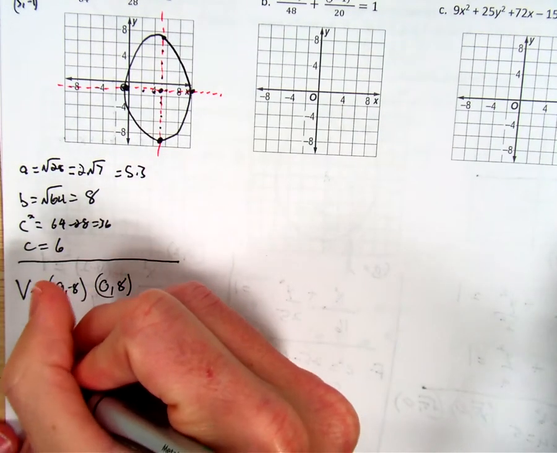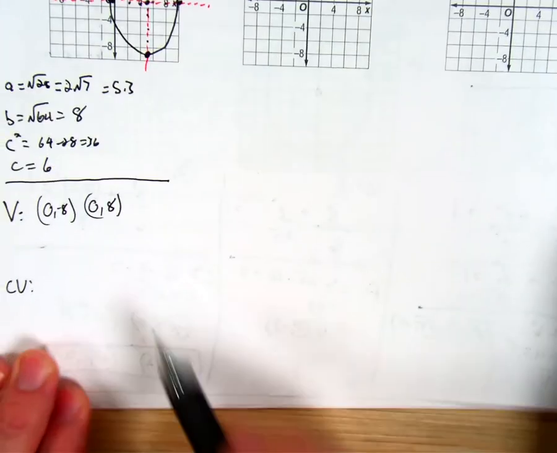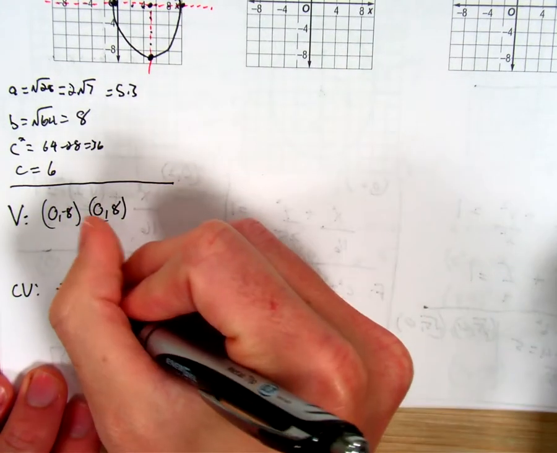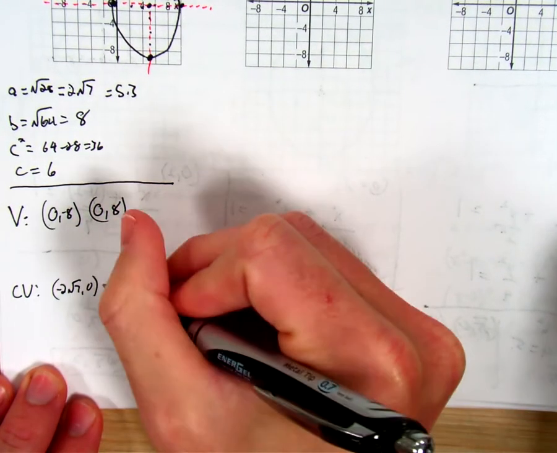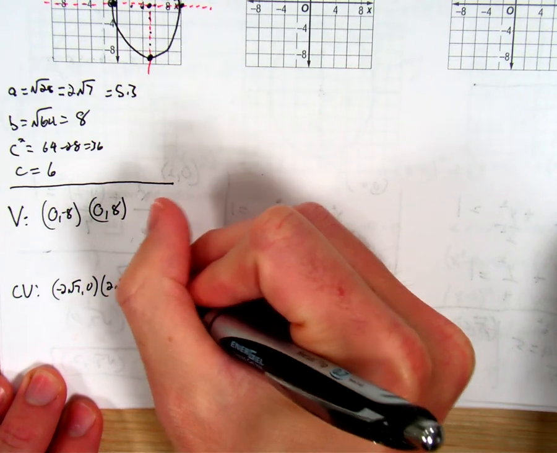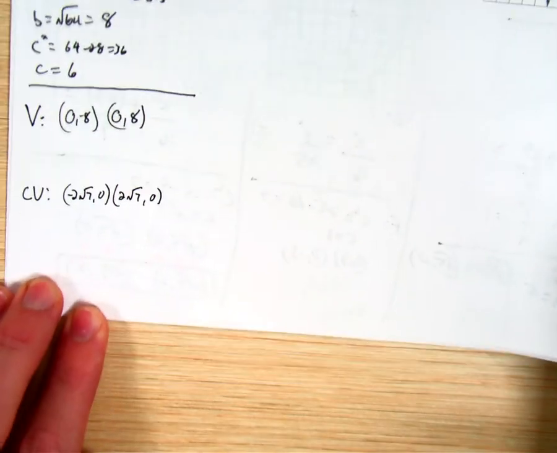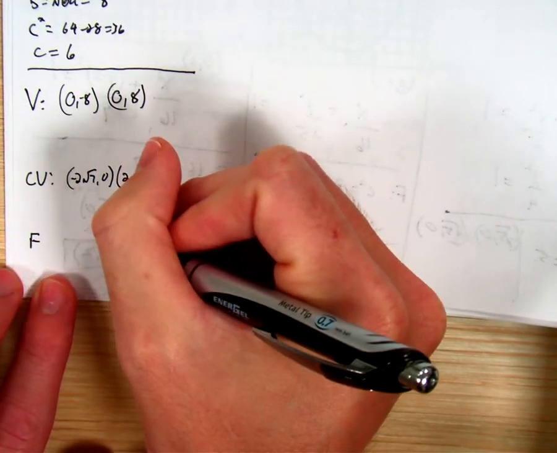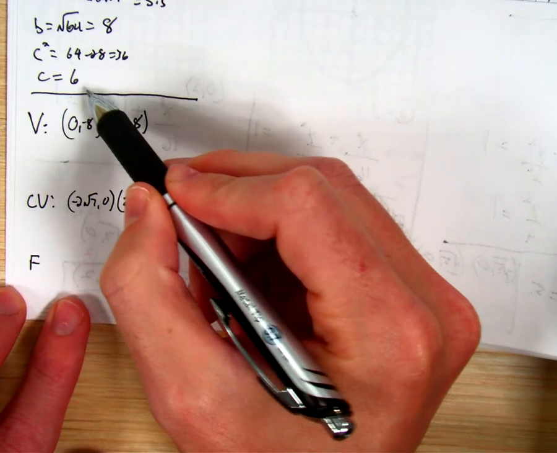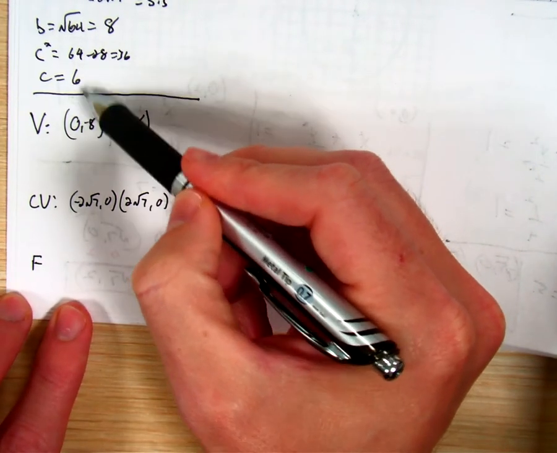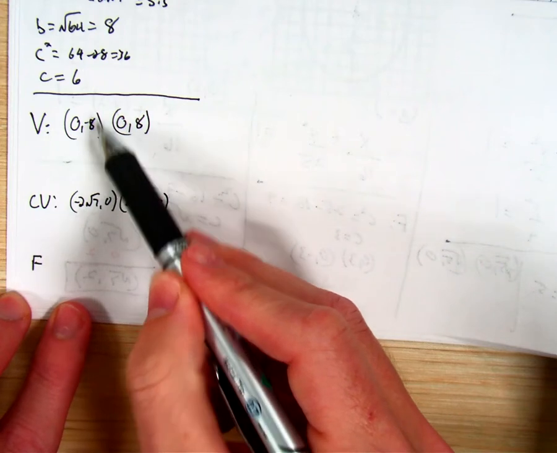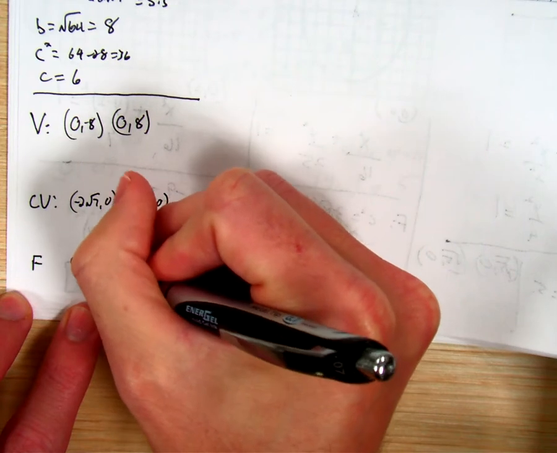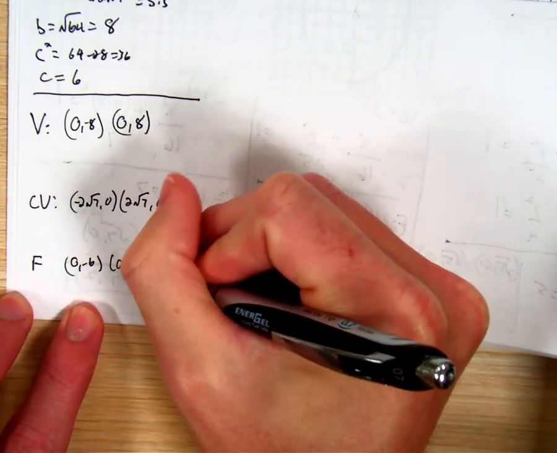My co-vertices would be negative 2 radical 7, comma 0, and positive 2 radical 7, comma 0. And my foci, which I didn't graph yet, we'll have to come back to those. The foci are going to follow your vertices. So if your vertices have the numbers in the y's, then so will your foci. So we'll go with 0, negative 6, and 0, positive 6.